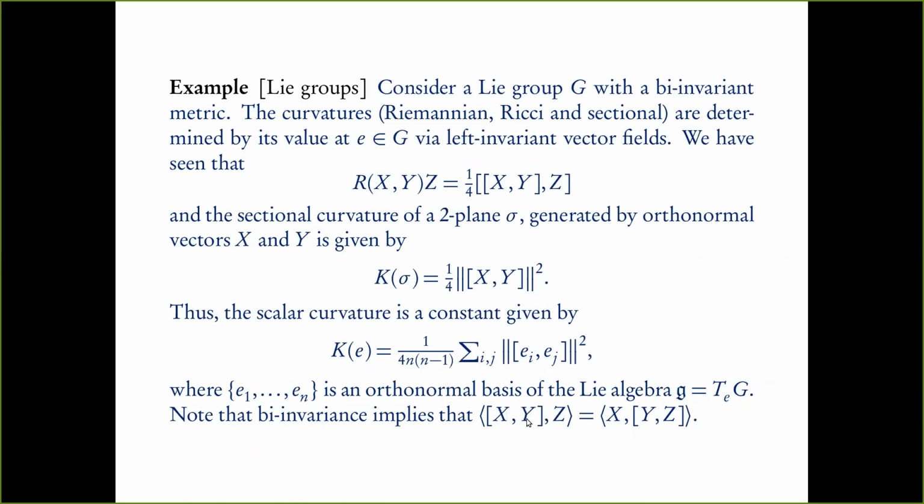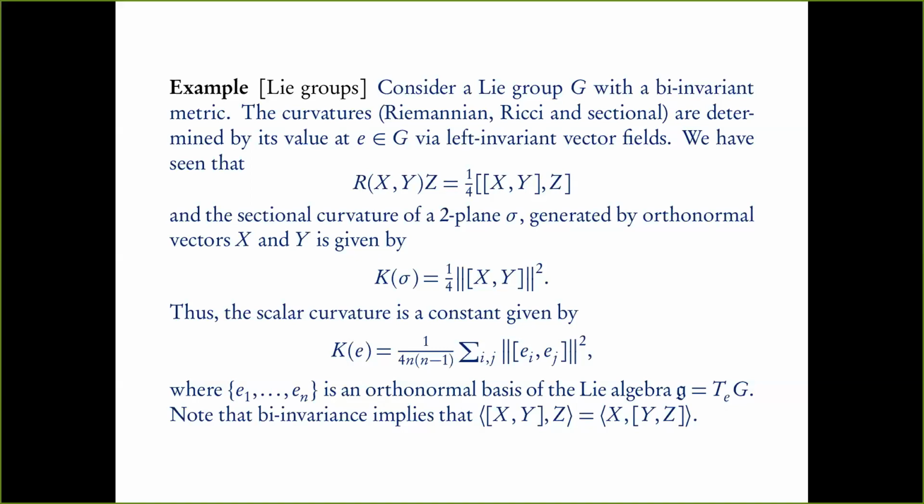It can either pair with x or it can pair with z, and no matter which side you pair y with, this is the same. So it's like the Lie bracket [x,y] dotted with z is equal to the Lie bracket [y,z] dotted with x. So y can decide which way to pair, but it's the same output at the end. So this is what biinvariance implies, and we're going to make use of this in the next slide. So just keep this in mind, okay?